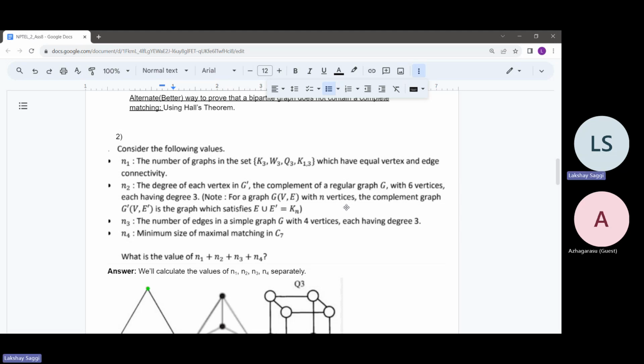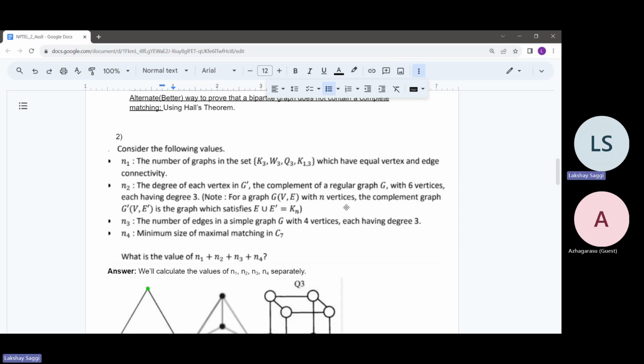So to make a complement of a graph, what we essentially do is make a graph G prime and add all the edges which are not present in G and don't add the edges which are actually present in G. That's how we obtain a complement of a graph.